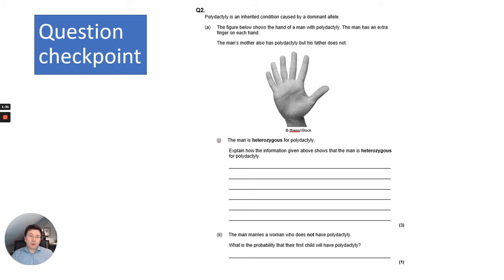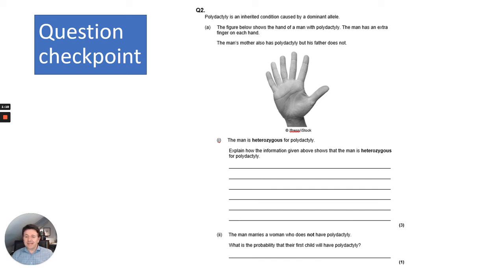Question 2 is about polydactyly, and it tells you that it's caused by a dominant allele, and it shows a man with polydactyly and he has an extra finger on each hand. The man's mother also has polydactyly, but his father does not. So I'd like you to read the question and pause and have a go at it.